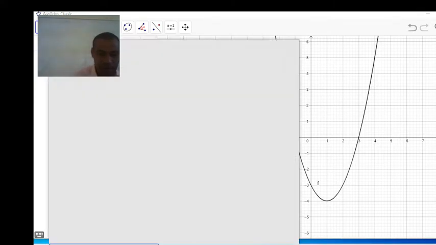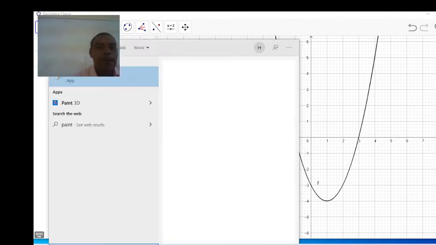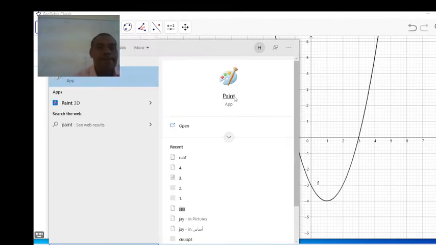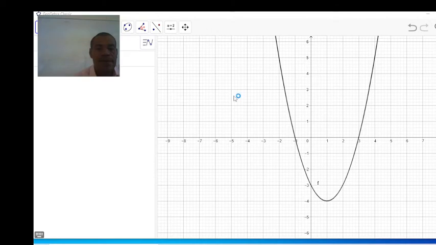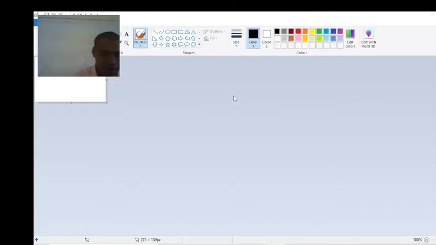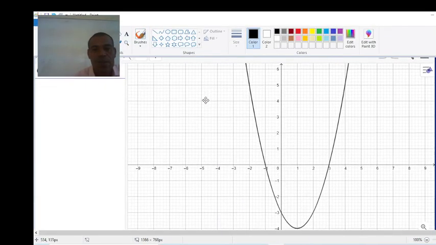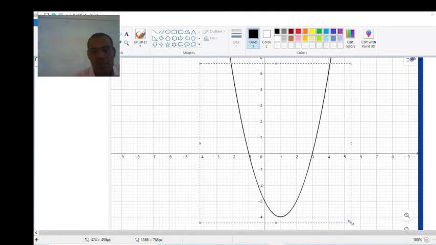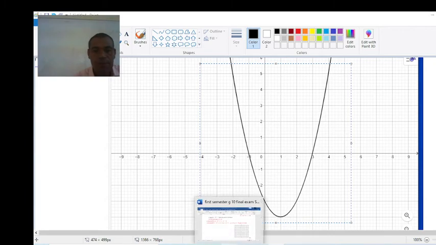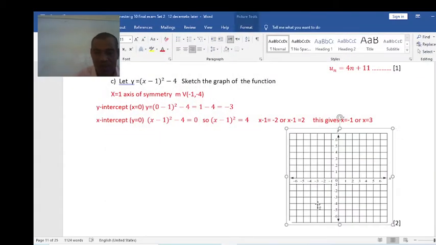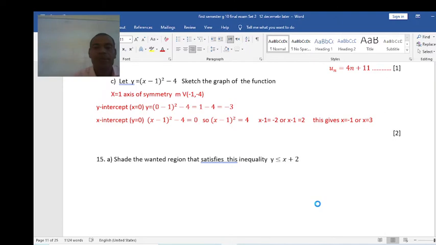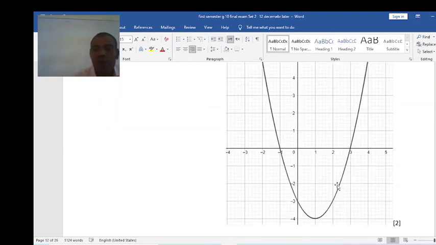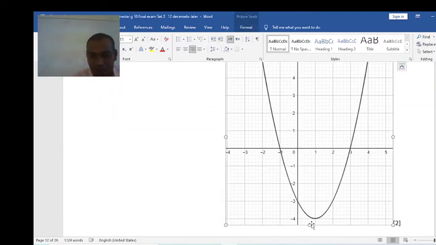Okay, paint. Paste. Okay, now this is the curve. Clear? I'll just cut this one. Copy. Then I will come here. I will erase this curve. I will make this one. Clear? Now I will make it bigger, smaller a bit.